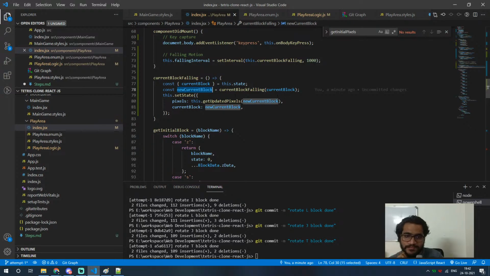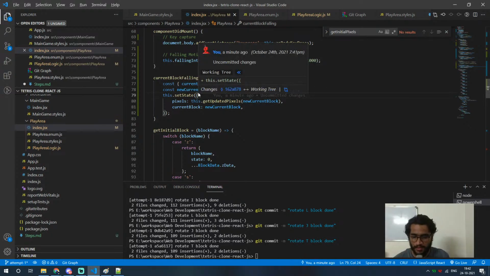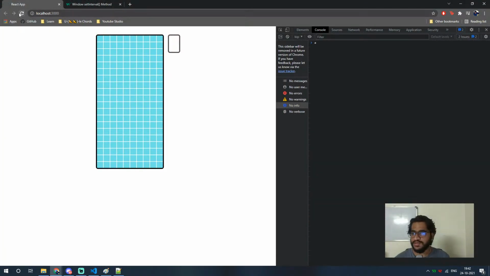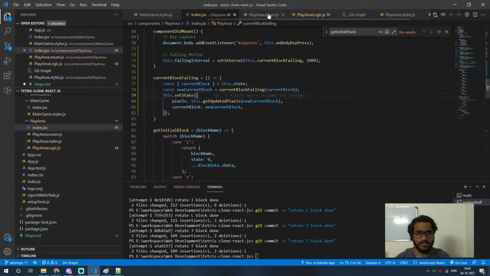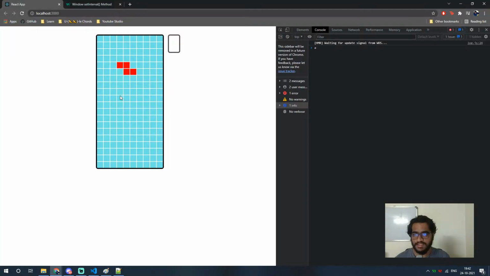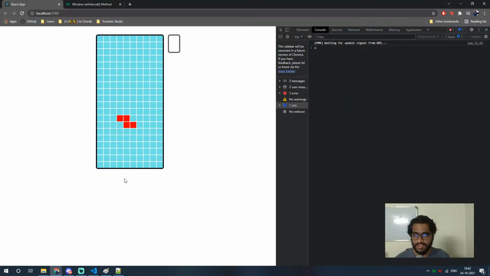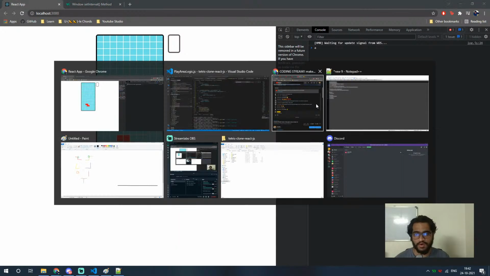For right now, if we remove the boundary correction, it will just go past the boundary and it will just keep on going.